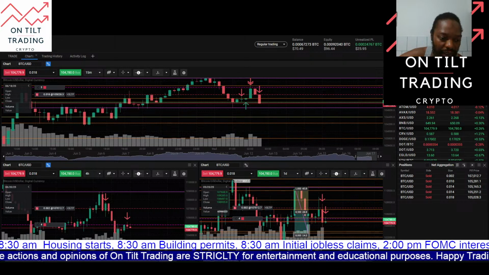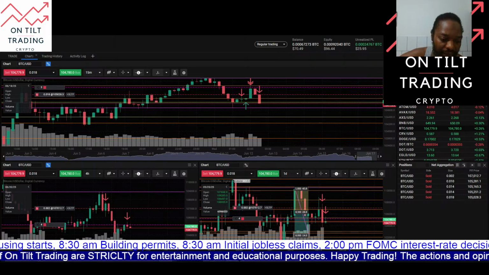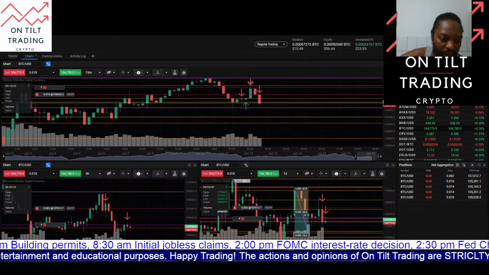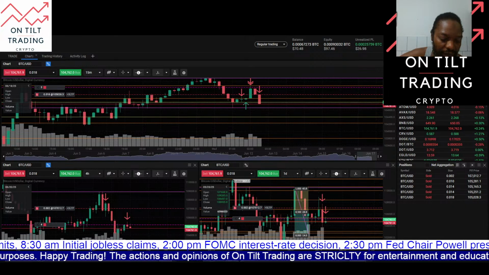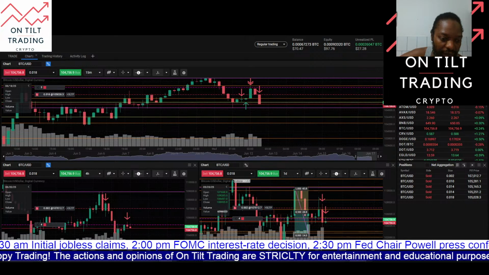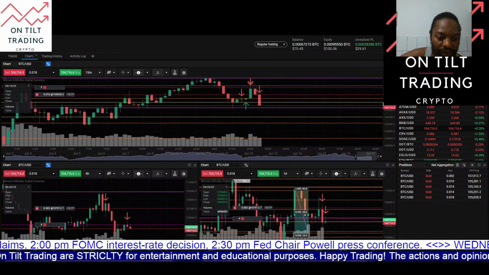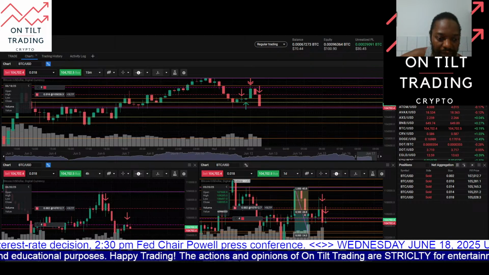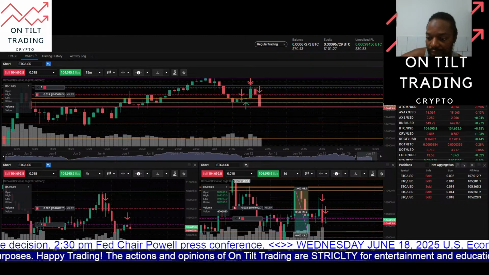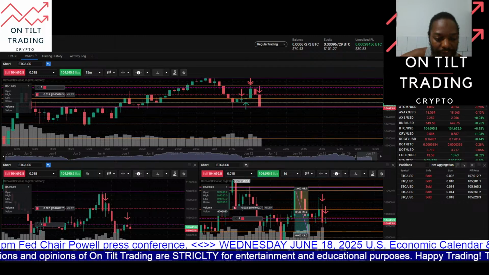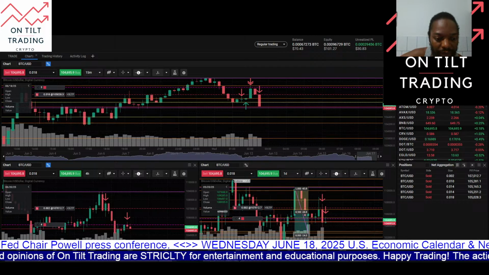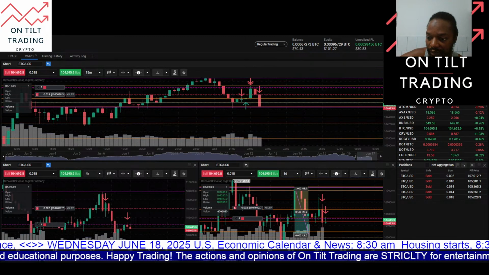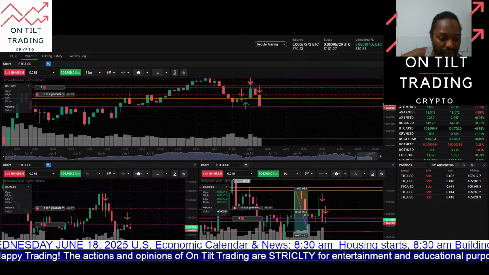The reason why I am anticipating a New York trade that will target the sell side liquidity below this 4-hour candle here is just based on the fact that the current candle will close at 8 a.m. New York time, which would be the start of my kill zone for the New York session.